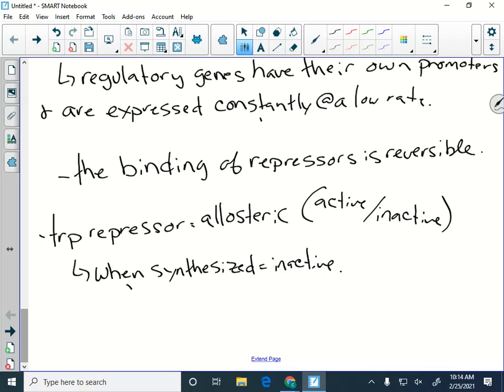It is activated by tryptophan. Which makes sense, right? If we have tryptophan, we don't need to make more. So the tryptophan binds to the repressor, activates it, and shuts off transcription.